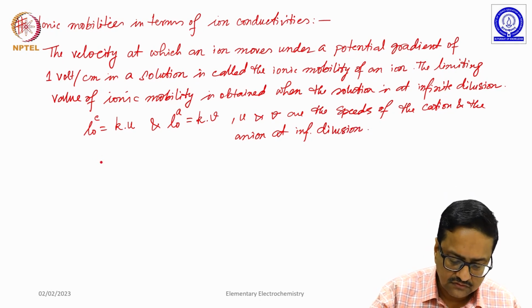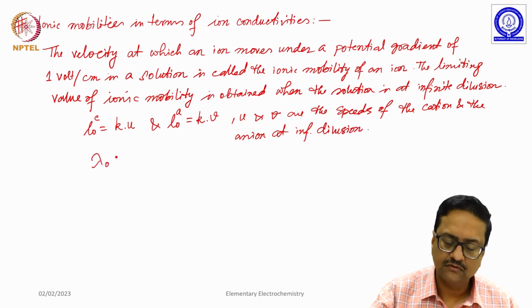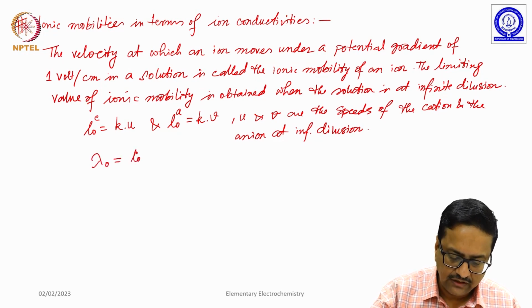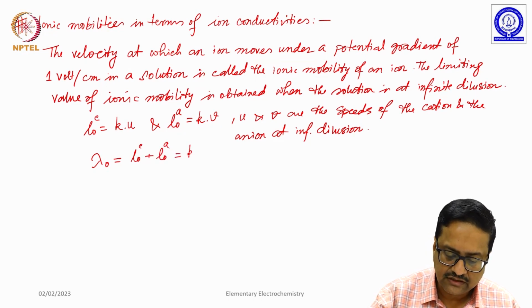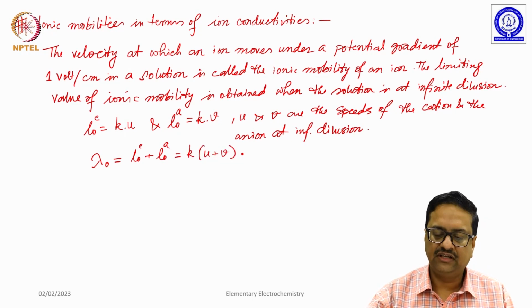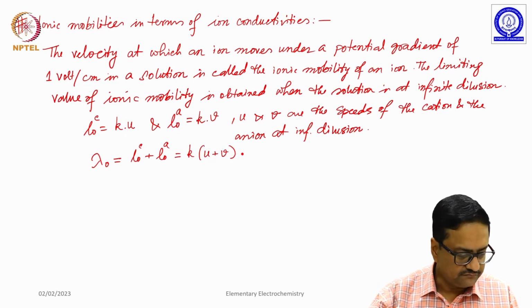So the lambda 0 is nothing but L0C plus L0A. So it is nothing but K into U plus V. This is what we have seen in the previous class.